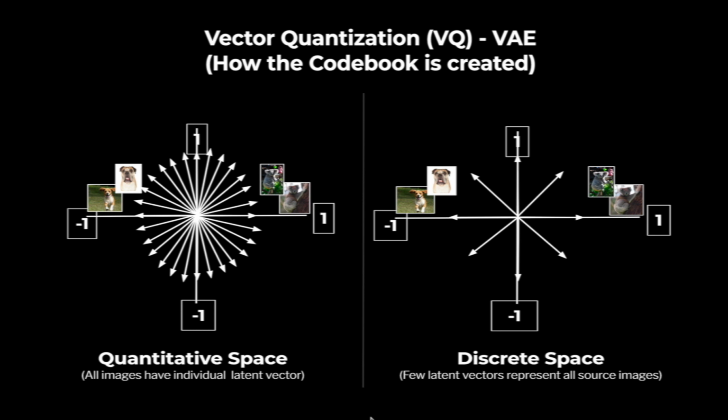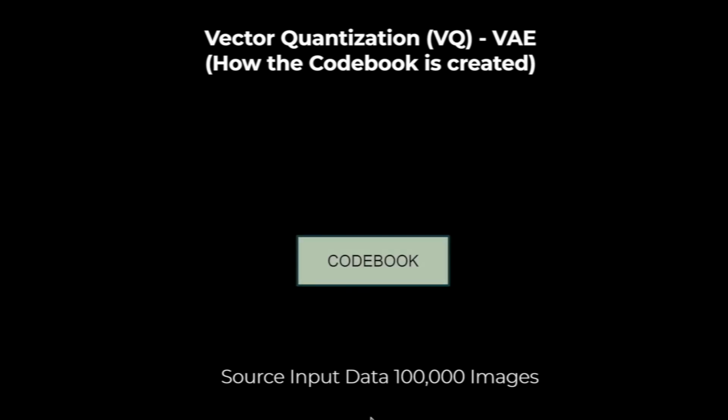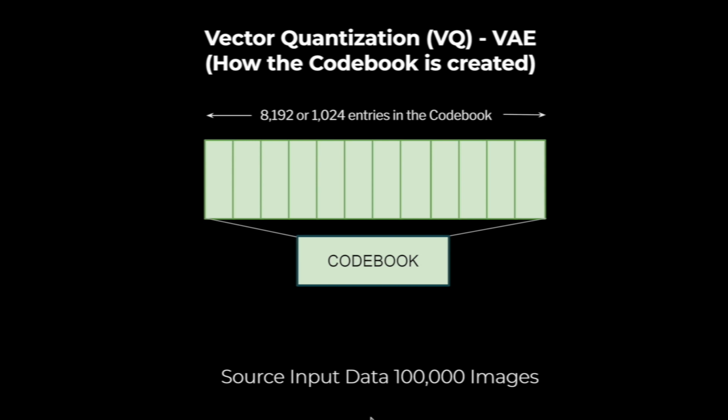Instead, we just set a smaller codebook size based on input images. So let's assume that we have 100,000 images. For 100,000 images, we can generate a codebook of size 8192 or 1024 entries, each entry being a 256 by 1 vector.